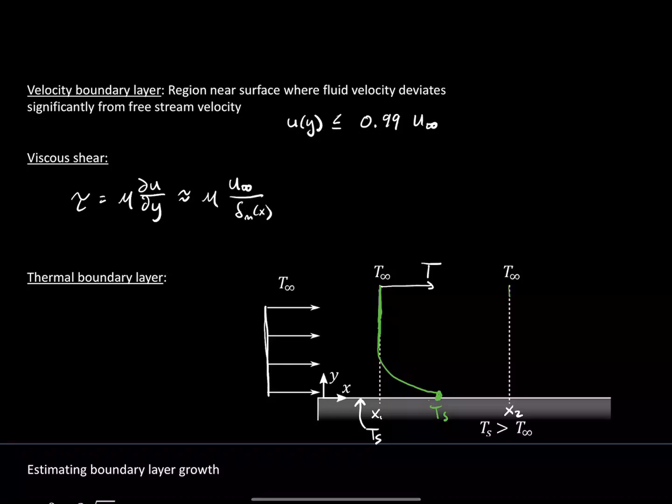As you go further out to x2, the same kind of thing happens, but now there's been more time for this wave to grow. So this is still Ts. Right? We still have the same difference in temperature, but that transition to the region that's been affected is occurring sooner.